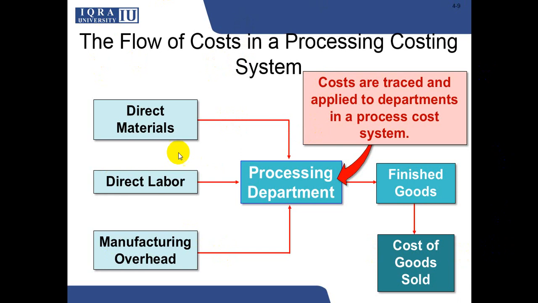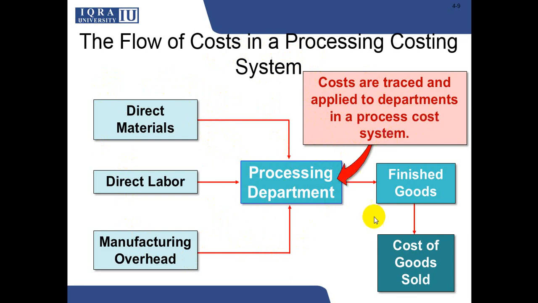Again material, labor, and manufacturing overhead costs are incurred, the same as in the general flow we saw, as in job order costing, right? In process costing, the costs are traced and applied to a department in a process cost system.